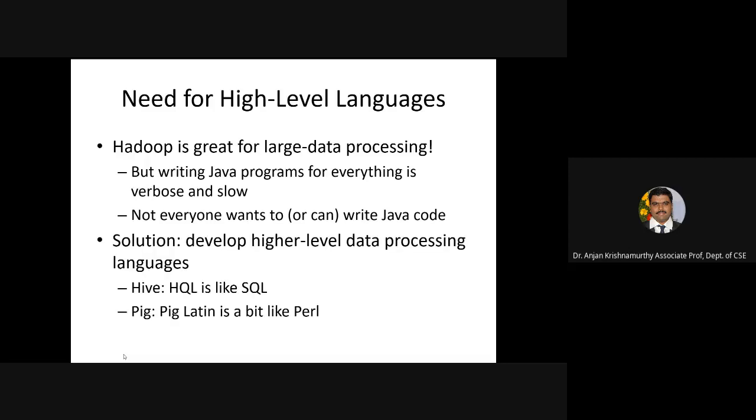So the solution is to write statements in a high level data processing language, and hence two important tools came into the picture. One was Hive, which is called HQL, the Hive query language, which is similar to SQL. The second one is Pig Latin, which is like Perl scripts.